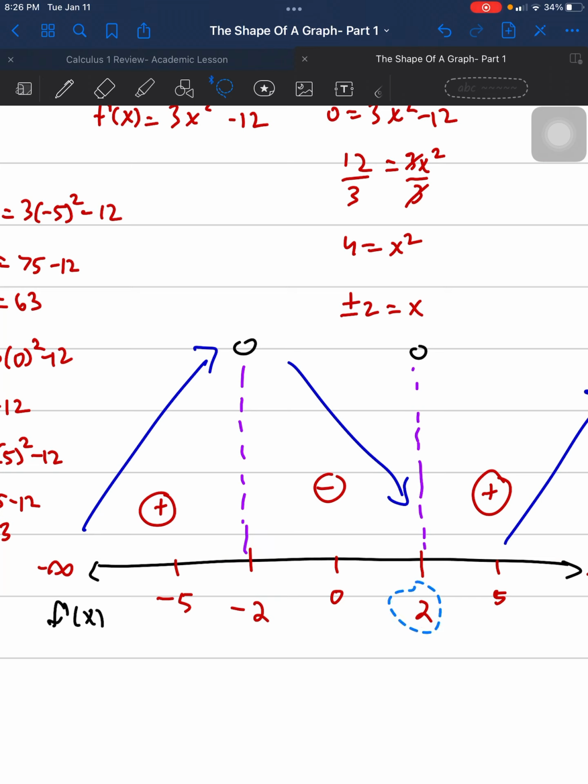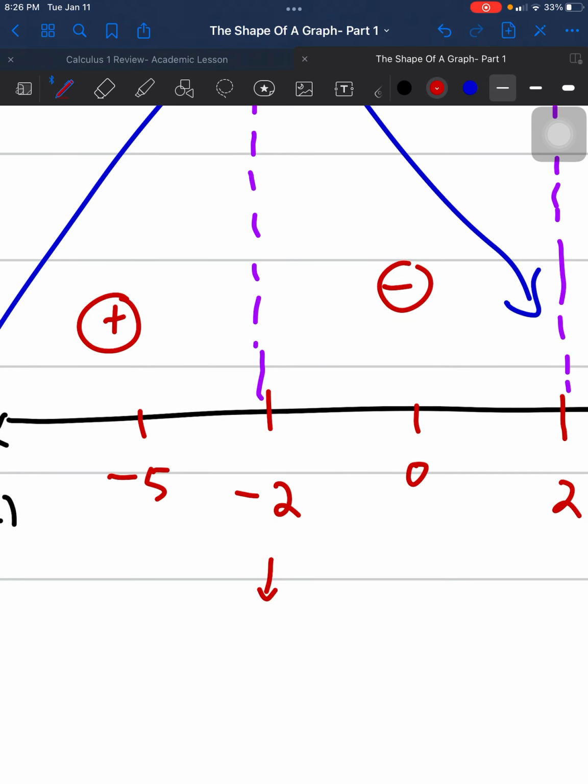Right now we're going to focus on the critical point -2. To the left side of this critical point, the function is increasing, but on the right side, the function is decreasing.